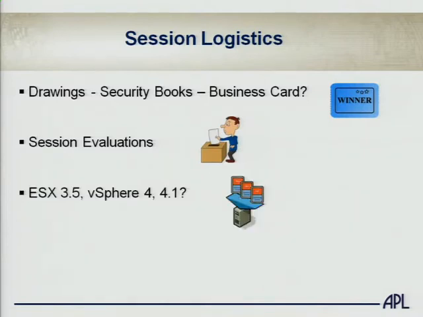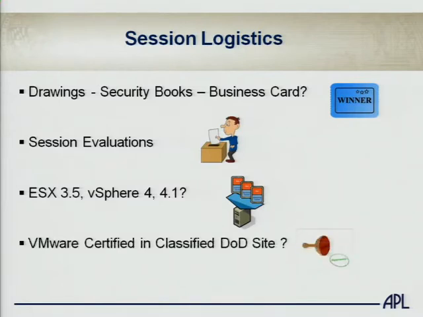Okay. We all have heard of ESX 3.5, vSphere, and now 4.1. A show of hands. Who's running ESX 3.5? Anybody running 4.0? How about 4.1? It's kind of new. That's pretty good. Now, how about this?